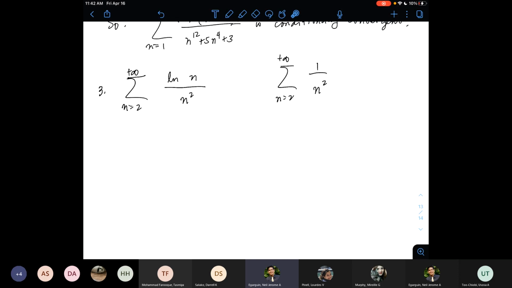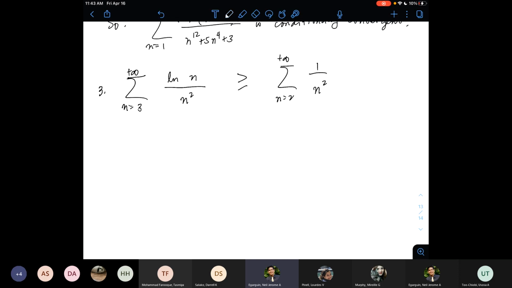Should I cheat a bit here? Yeah, perhaps I'll cheat a little bit here. I'll start at 3. But essentially, this will just differ from your given series by only the first term, so they will both converge or diverge. What I did here is to lower the numerator, copying the denominator, so I decreased the entire fraction.